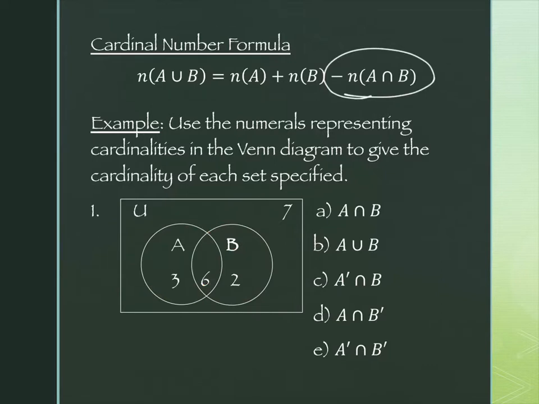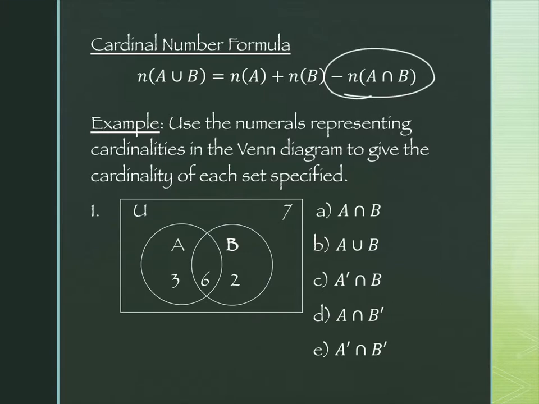Okay? So we're taking a look at A intersect B, A union B, A prime intersect B, A intersect B prime, and then A prime intersect B prime. Okay, so the first two are the easiest ones because they don't have any of the prime notation. So this one says we want to look at the intersection of A and B. So where is this visually on this diagram?